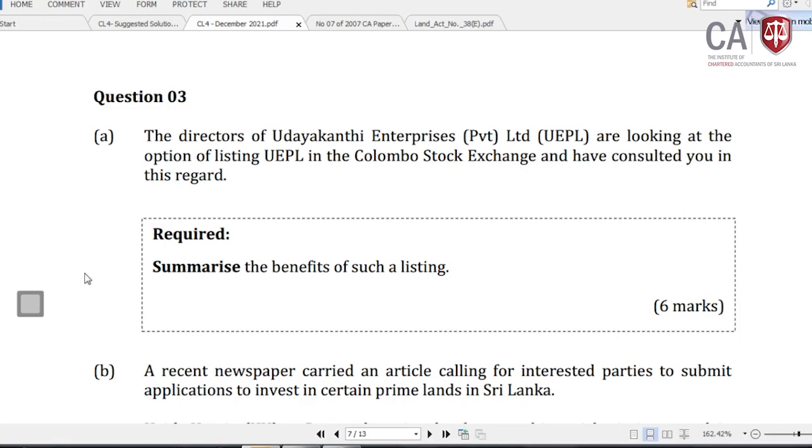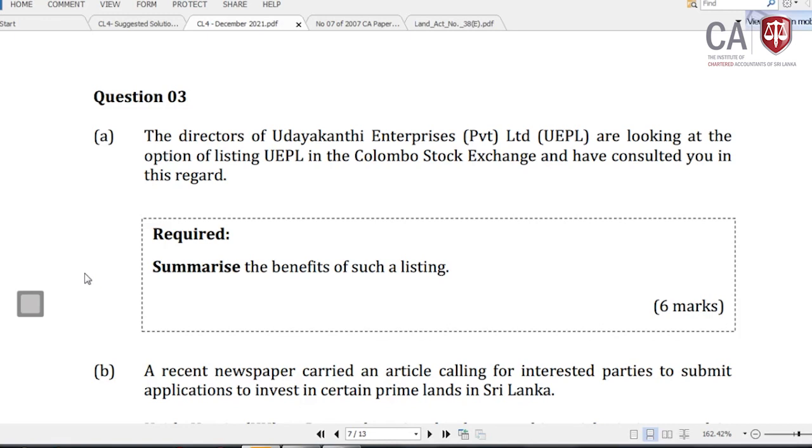Now, these banks, insurance companies and other institutions, investment banks especially, even unit trusts, collect funds from people and they go and invest. But when they are investing, they will be very reluctant to invest in a private limited company because the risk is extremely high.